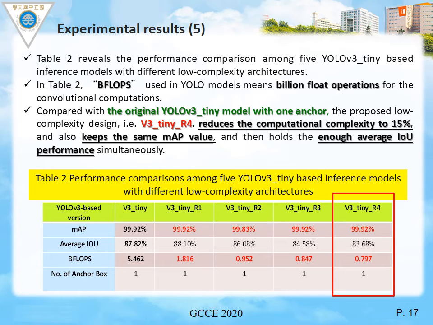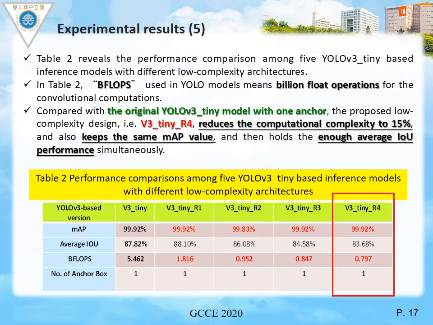In this slide, Table 2 reveals the performance comparison among 5 YOLOv3 Tiny-based inference models with different low complexity architectures. In Table 2, B-flops used in YOLO models means billion floating-point operations for convolutional computations.